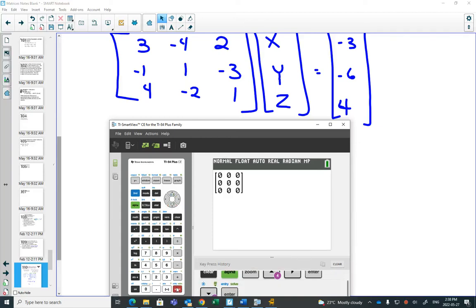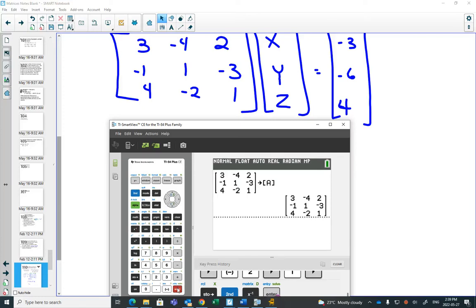So 3, -4, 2, 1, -3, 4, -2 and 1. Look at this, all in one step, storing as matrix A. No syntax error.